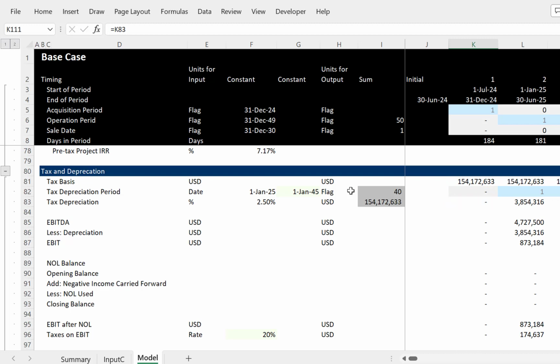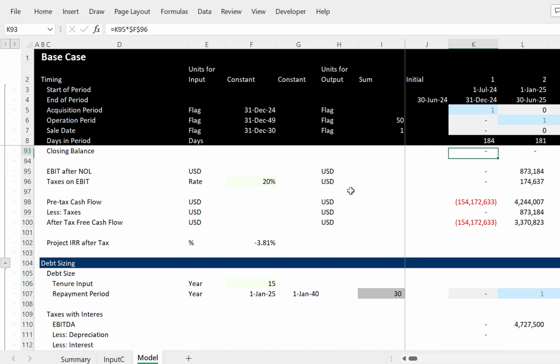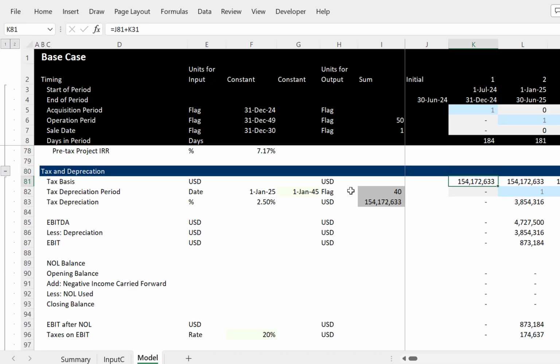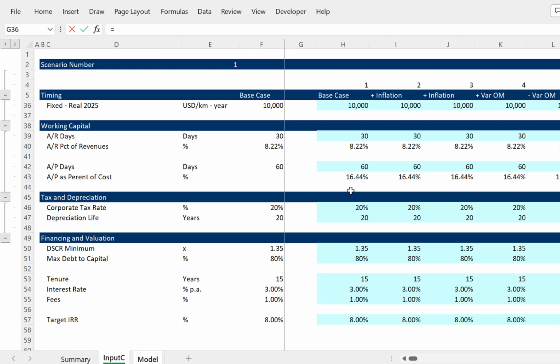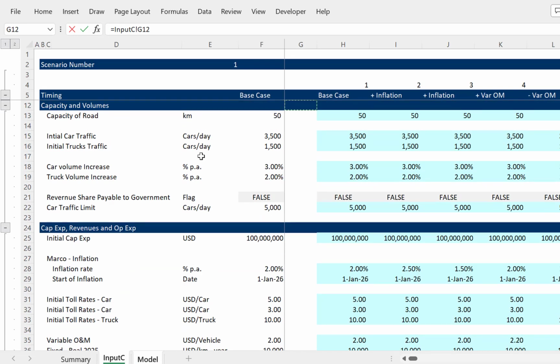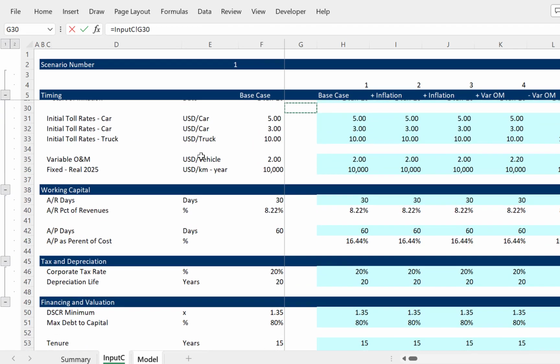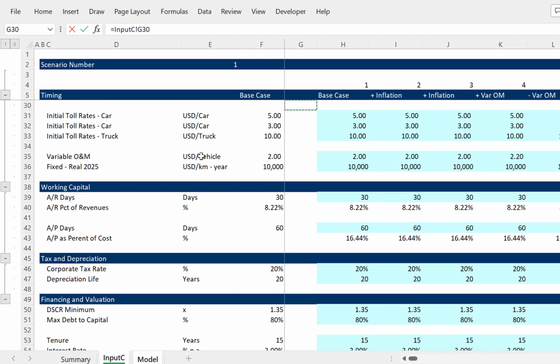Let's make this a little bit more conservative, because where's our tax basis? I'm going to use our capex for a tax basis, so that's another mistake I made, at least in talking to you.